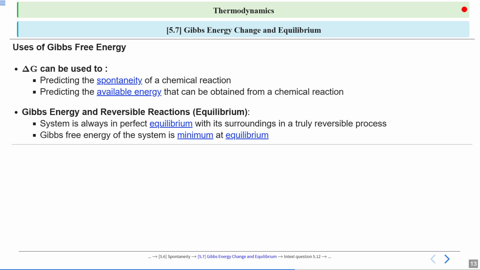But whenever you calculate the Gibbs free energy change, if you're going from the state where the Gibbs free energy is 2 to a state where it is even higher, then you will always get a positive value for the Gibbs free energy change. This means the system will try to remain in the state where the Gibbs free energy is minimum. So this is very, very important.